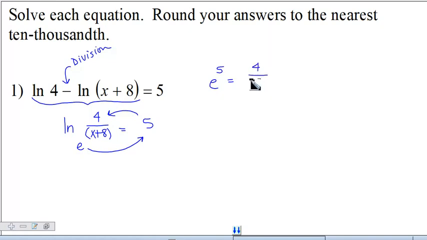Now, e has a value. It is not a variable. I'm trying to solve for x, and since x is currently in the denominator, that's my first step. I want to get this out of the denominator by multiplying both sides by x plus 8.